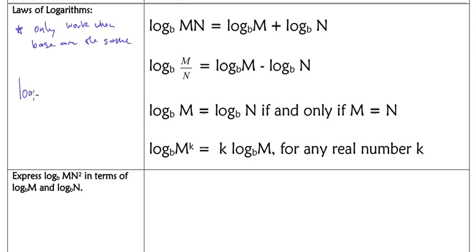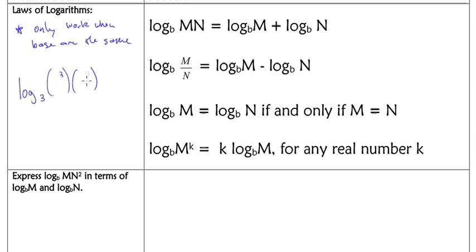If we have log base 3 of x to the third, we'll call that m, times x to the fourth, well, actually, let's not do x, let's make it 3.